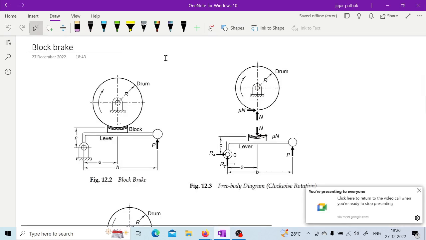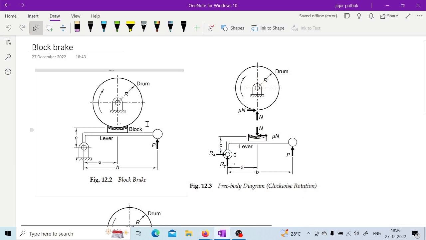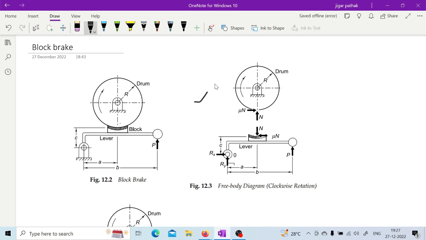So in block brake, as you can see, the construction is like this shown in this particular figure. In that we have a lever on which a block is mounted, which is going to resist the motion of that rotating drum. And this free body diagram shows the various forces acting on different components.